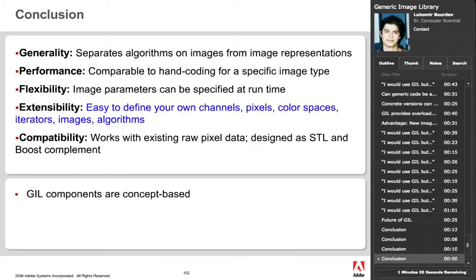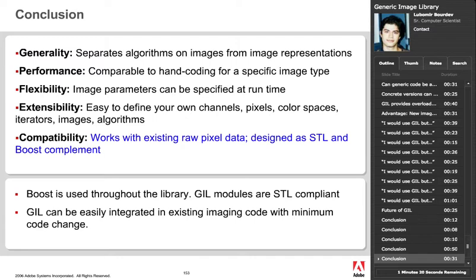It means that one developer can provide, say, a 64-bit channel type, another can provide an XYZ color space, a third one can provide a fully synthetic image view like the Mandelbrot set, and we can use the X gradient code we just wrote to compute the gradient of the Mandelbrot set at 64-bit depth and represent it in XYZ color space. Furthermore, all these engineers don't need to coordinate with each other or even know about each other, and the GIL core does not need to change.